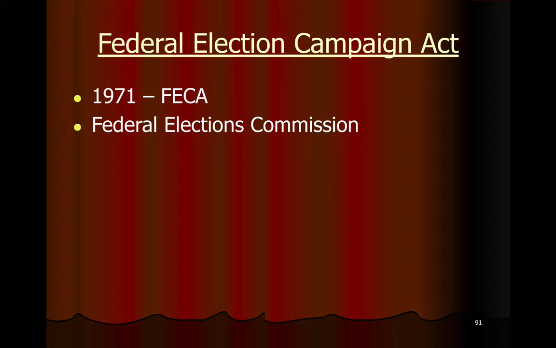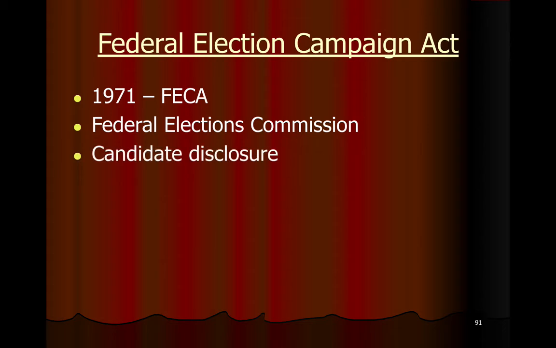A lot of times candidates have to file disclosure forms of where they're getting their money and where they're spending their money. They also would have to abide by all federal laws. And if you believe that your opponent violated one of these laws, then you can file a form with the FEC and they will investigate that.